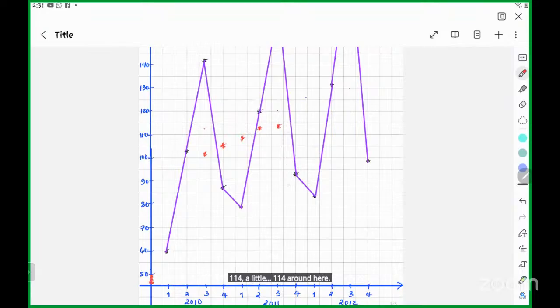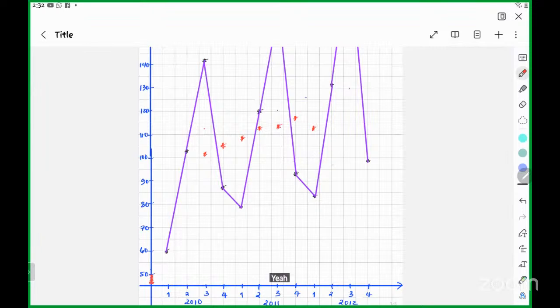And then in April, what do we have? 116 around here. In Jan 2012? 122. 122 would be around here.